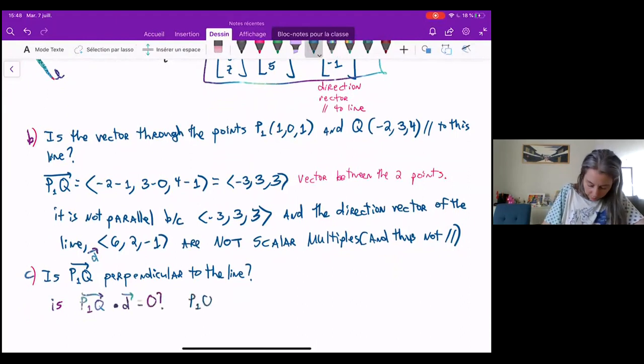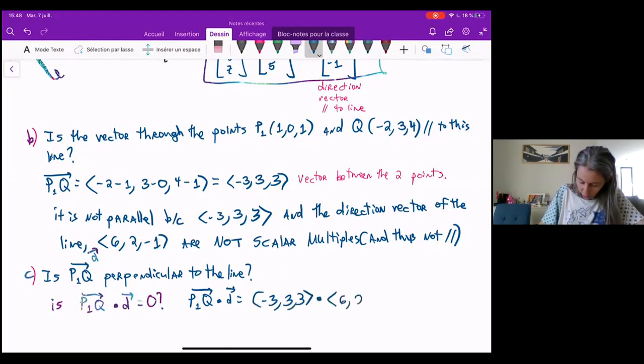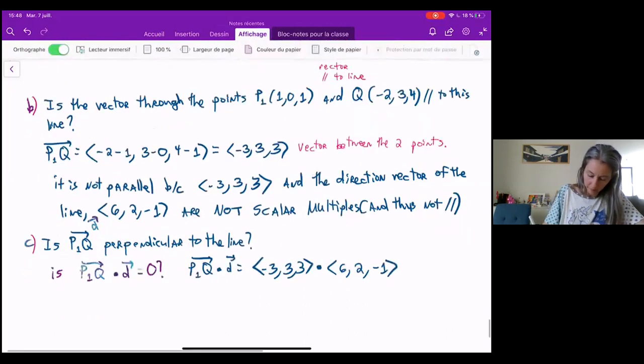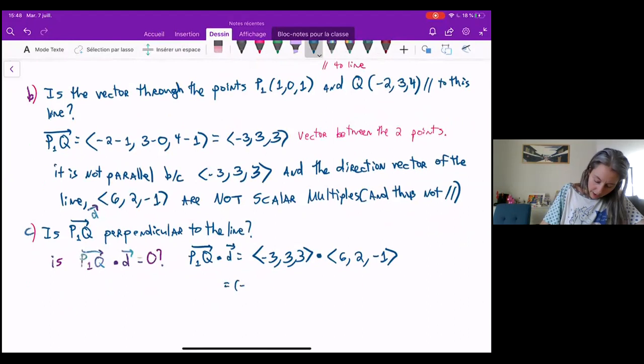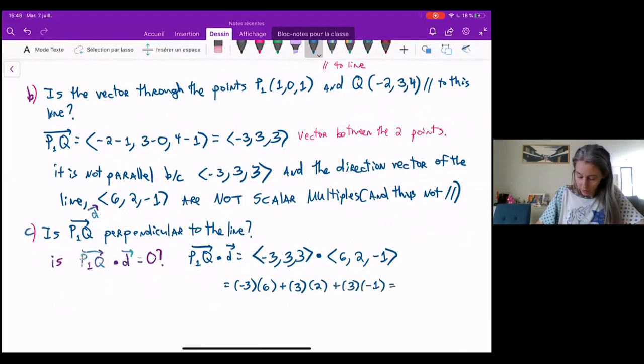So P1Q, the vector, dot D is equal to (-3, 3, 3) dot (6, 2, -1), which is -3 times 6 plus 3 times 2 plus 3 times -1, which is -18 plus 6 minus 3, which is -15, which does not equal 0.